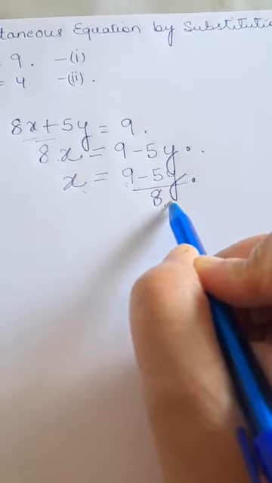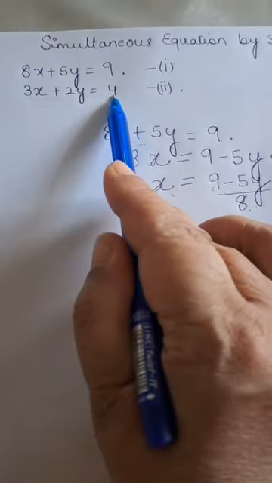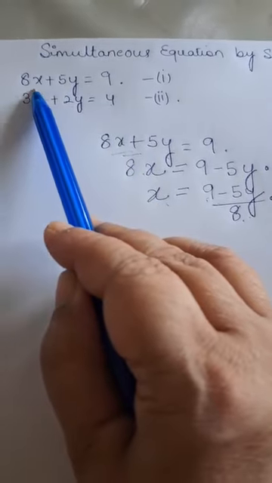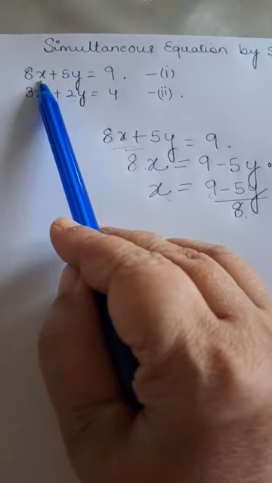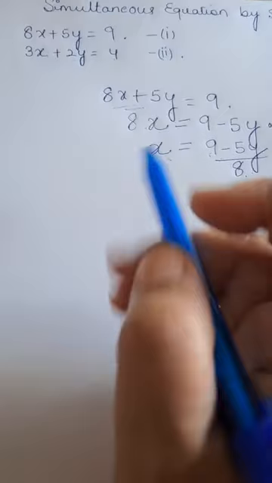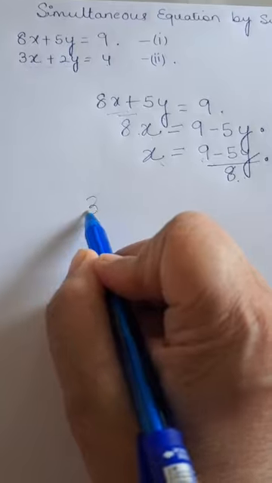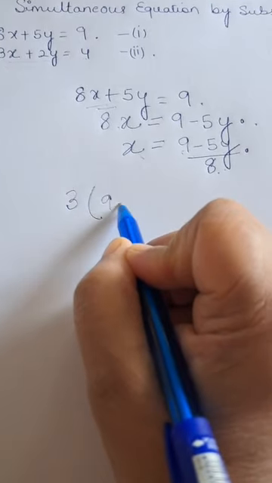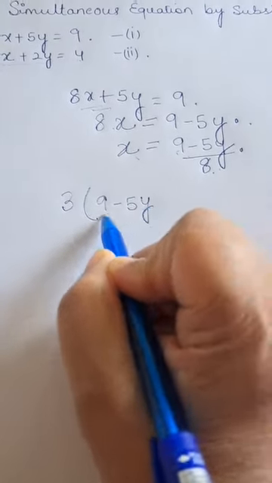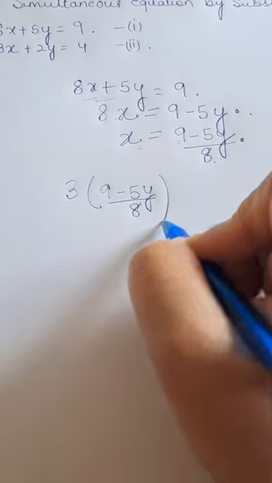Now we will put this value of x in our second equation, because we have found the value of x from the first equation. We can do vice versa also. So now it will become 3 into (9 minus 5y) upon 8.